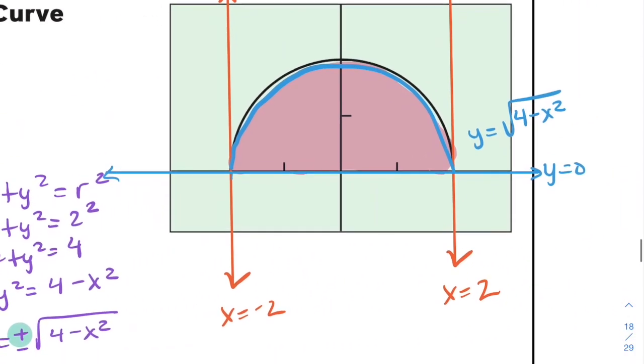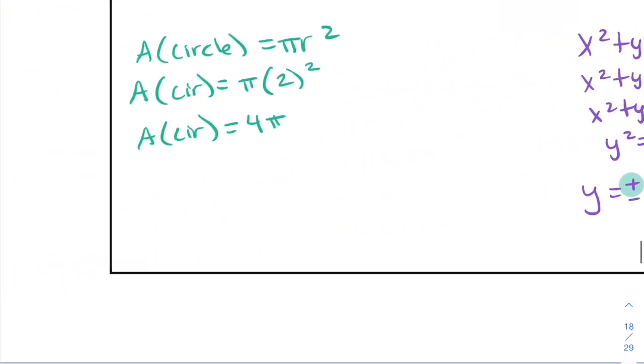And we don't have a circle, we actually have a semicircle, right? So here's your radius of 2, R equals 2. So the area of the semicircle is going to be half of that, which is 2 pi units squared.